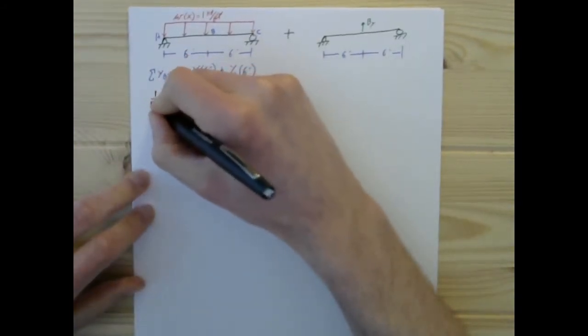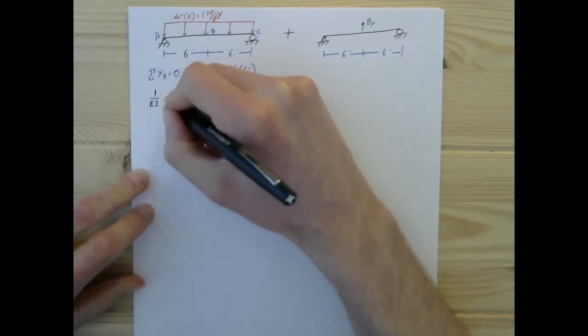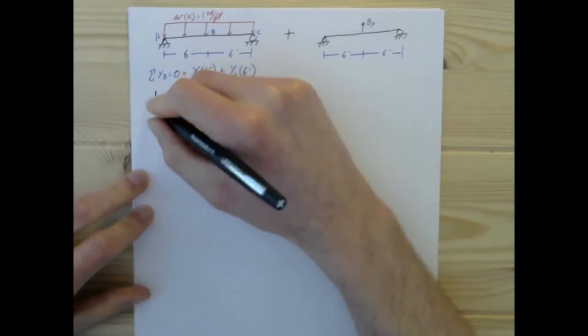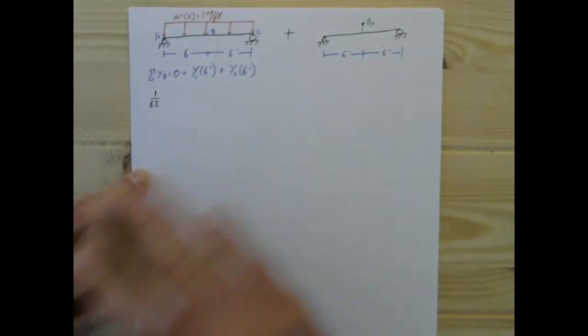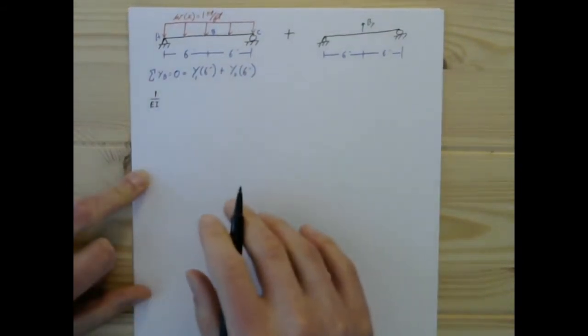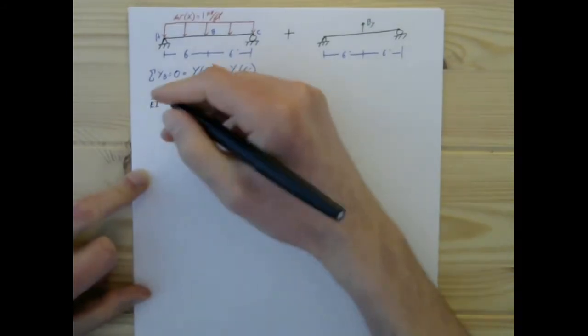1 over the second moment of inertia and the Young's modulus. You'll see those are going to wash out. As long as it's constant, it doesn't matter. I don't even think that I mentioned what they were in this problem.